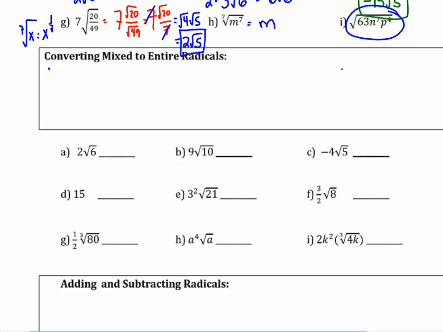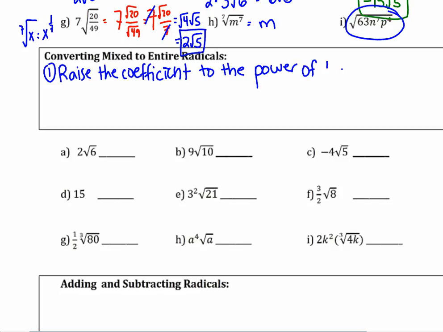So in layman's terms, raise the coefficient to the power of the index, or exponent of the index, to bring it inside the radical.